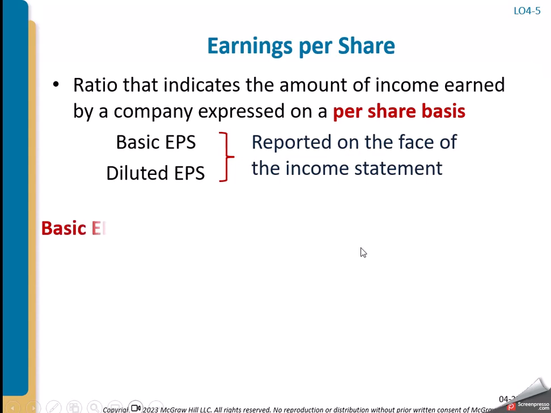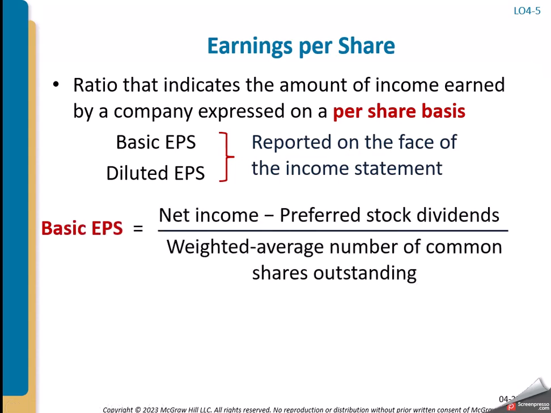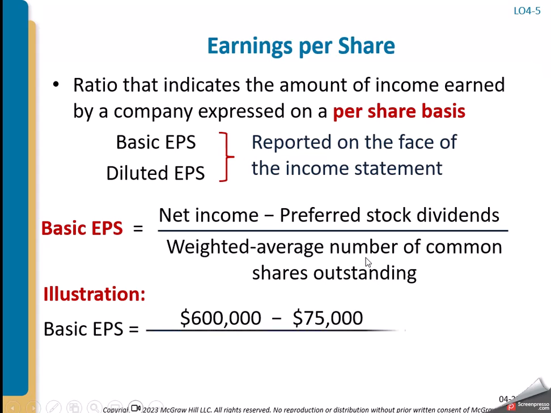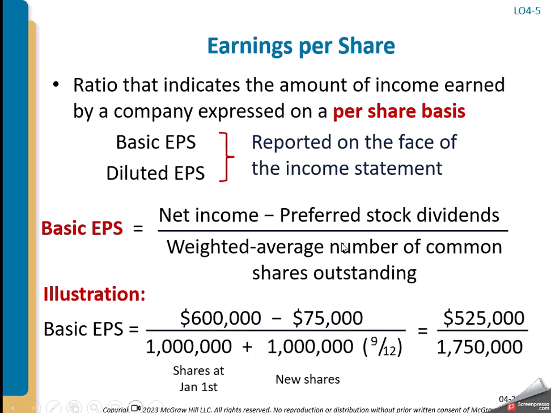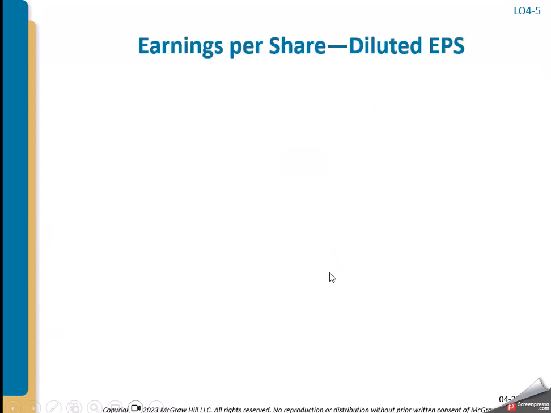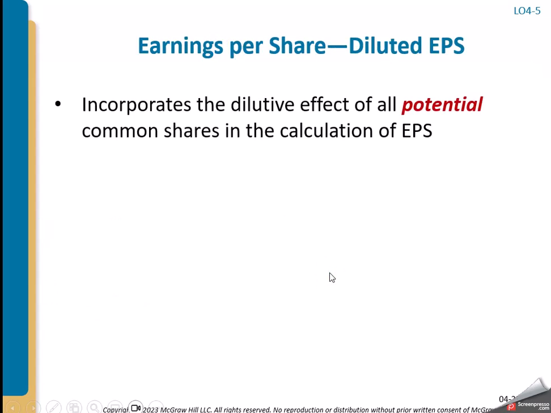Our earnings per share, we have the basic earnings per share, which is our net income less preferred stock dividends, if we have any preferred stock. We don't always. And then our diluted is when we have to adjust our number of shares outstanding. So the diluted part comes into those number of shares outstanding.